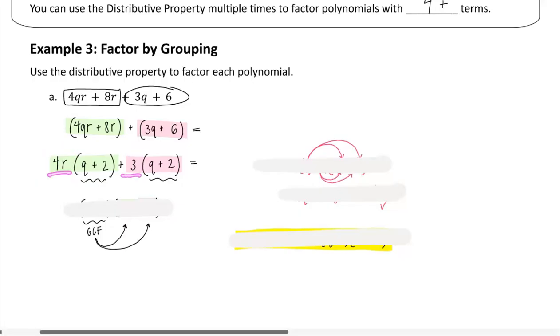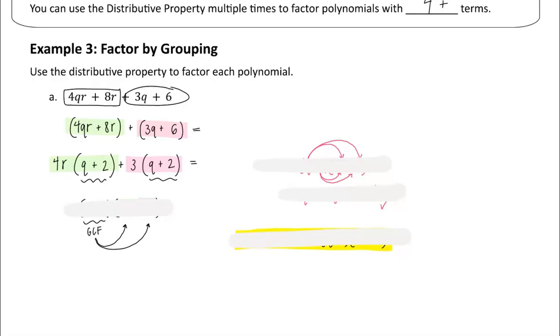Notice that when you factor out the GCF from each group, I'm keeping them highlighted in their correct colors, and what's left in the parentheses is actually matching. That's the goal. If these 2 parentheses do not match, then you might have done something wrong, or you might need to go back and rearrange your groups.